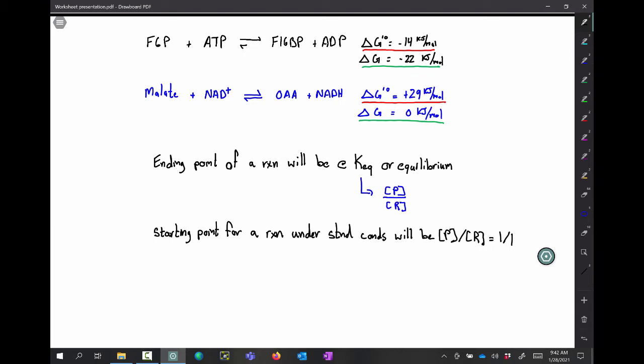So any reaction that we place under standard conditions will always begin at a product to reactant ratio where they're equal to each other, or 1:1.